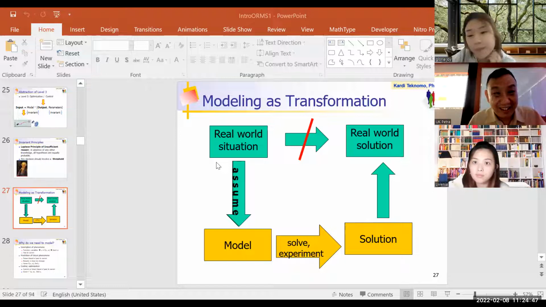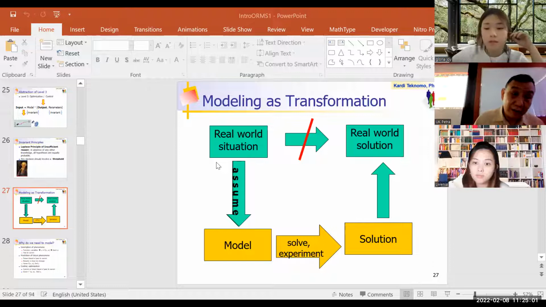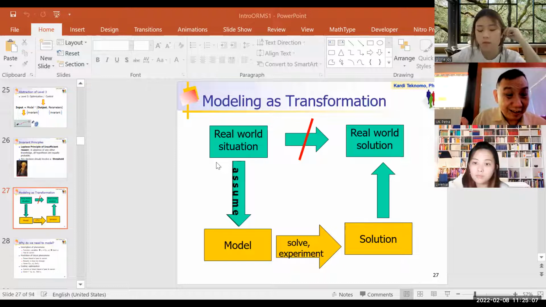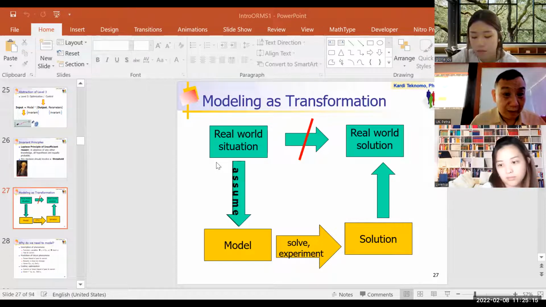That's why private companies usually will not do that. They will build a model first, and do the optimization in the model rather than in the real world. It's much cheaper to do experiments in the computer rather than in the real world, and faster also.